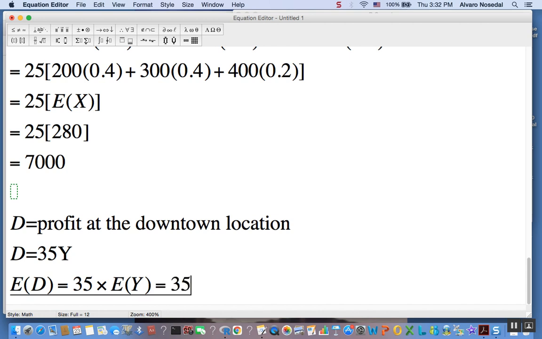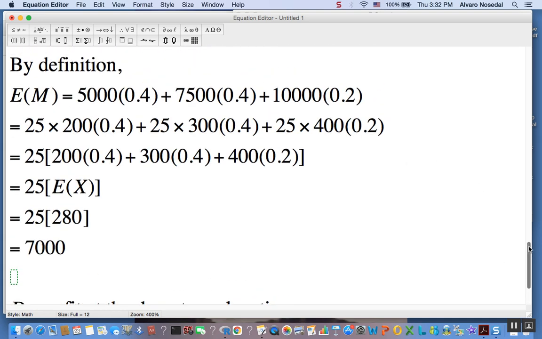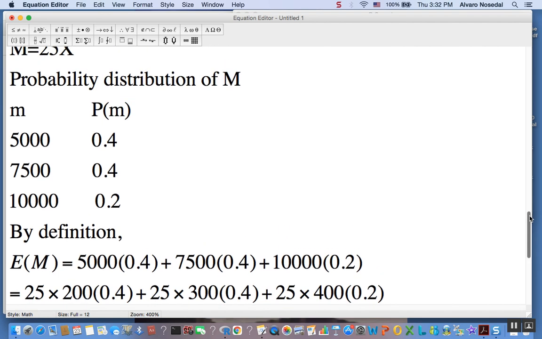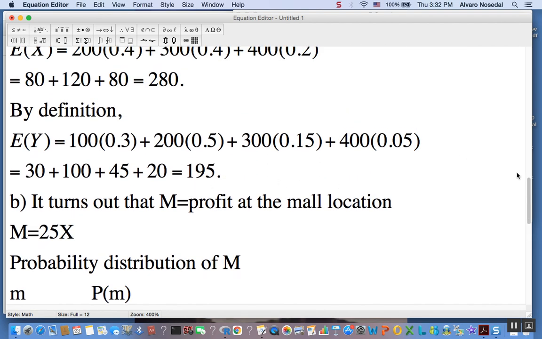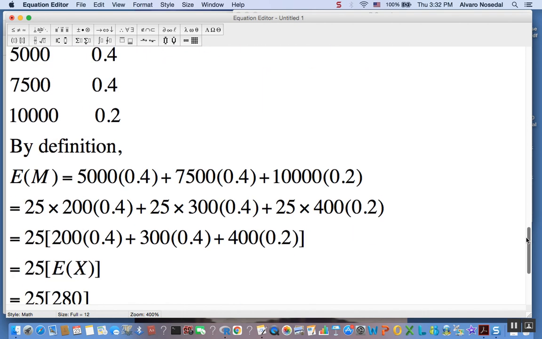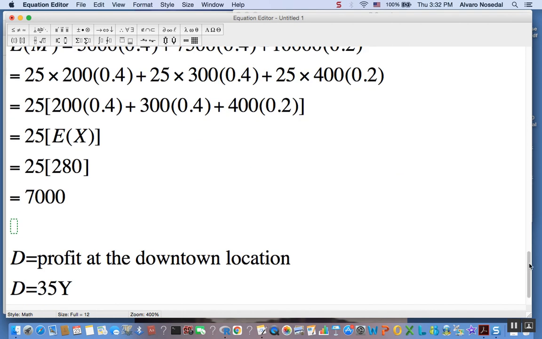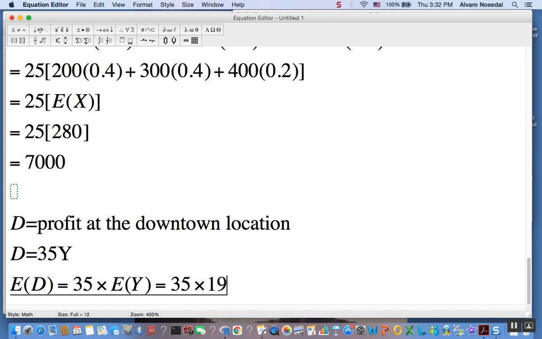So this would be 35 times expected value of Y, and the expected value of Y is 195. Let's find it.